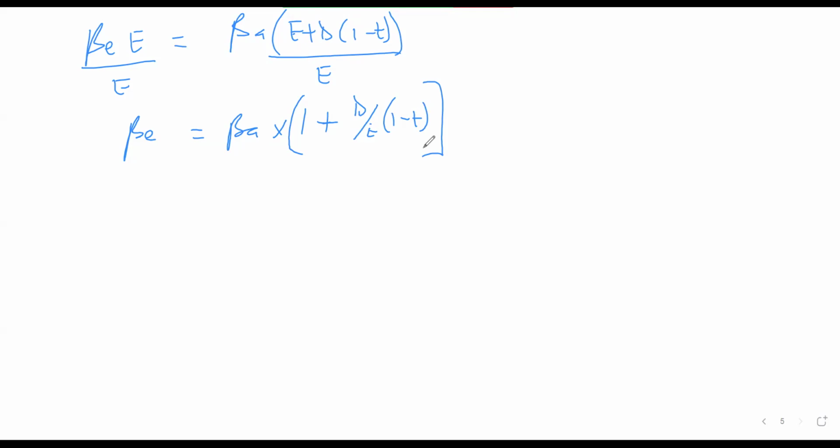So now, if we want to calculate cost of equity when gearing is introduced, when we introduce that to a capital structure, CAPM RE should be equal to RF plus, now no longer beta asset, but rather equity beta times RM minus RF.